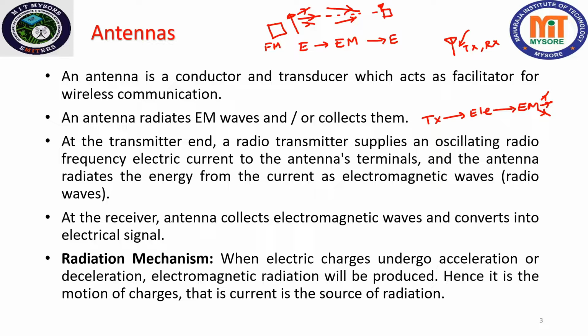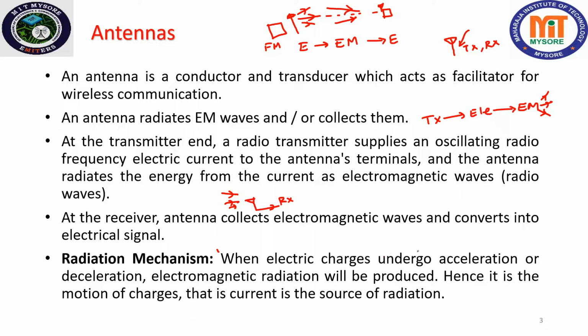At the receiver end, the antenna collects incoming electromagnetic waves and converts them into an electrical signal. So how does this radiation mechanism work? It basically works on the flow of current. The same has been explained here.